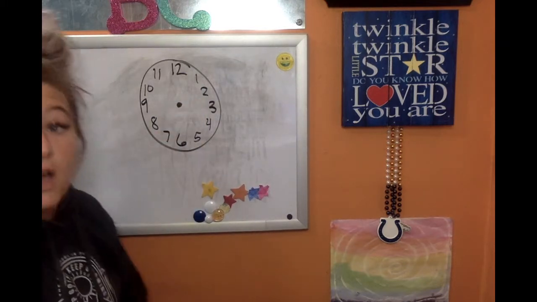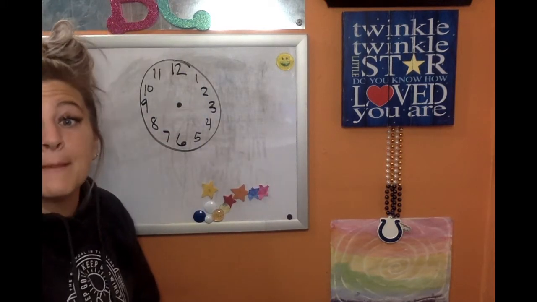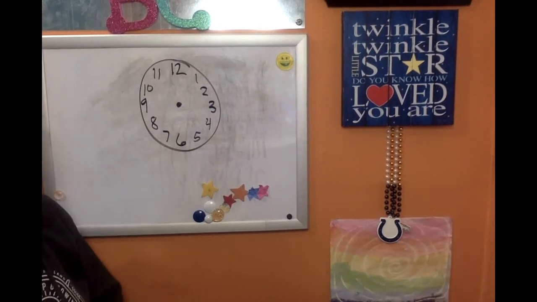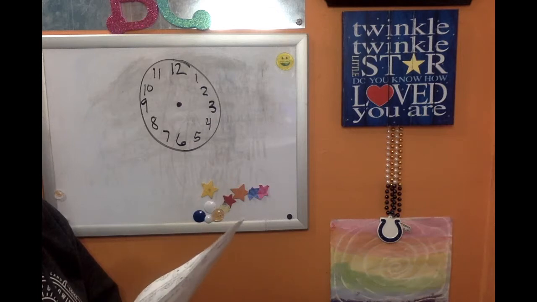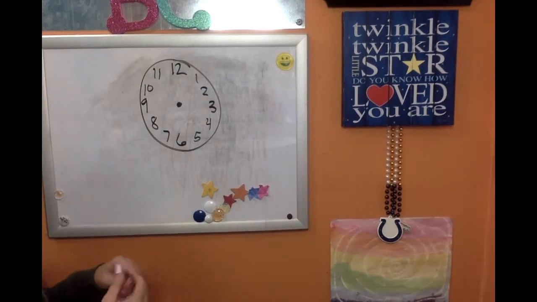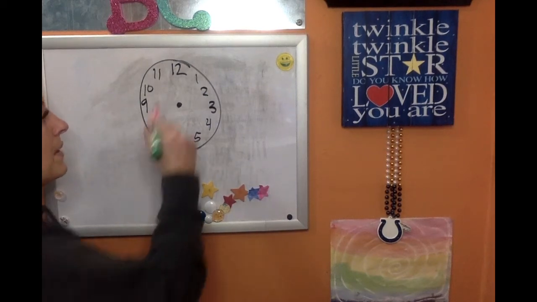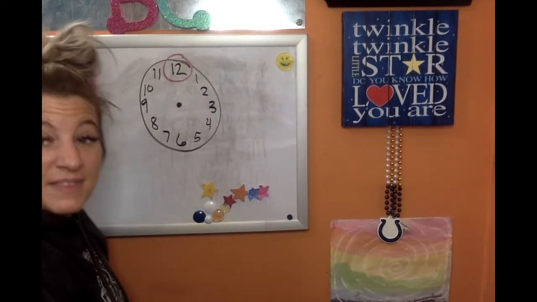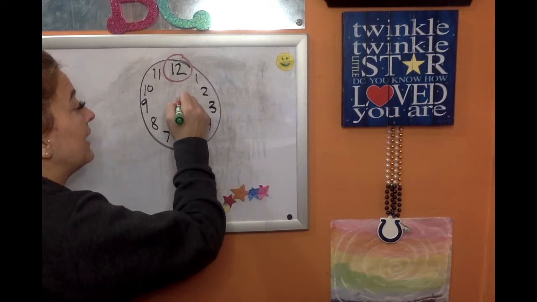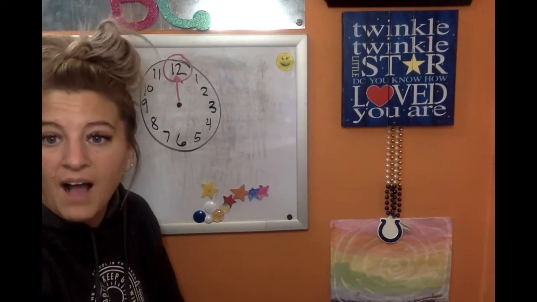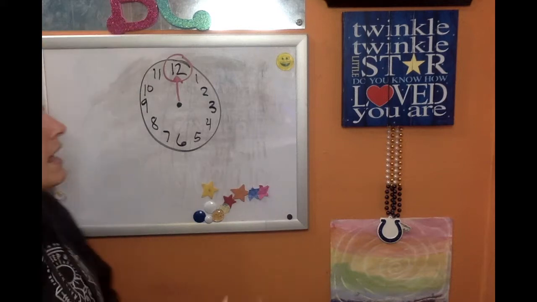Remember, the long hand is the minute hand, and the short hand is the hour hand. It wants us to write the time. Now, remember how we said that number 12, when the minute hand is touching it, it says that funny word, o'clock. Well, this is how we write it.